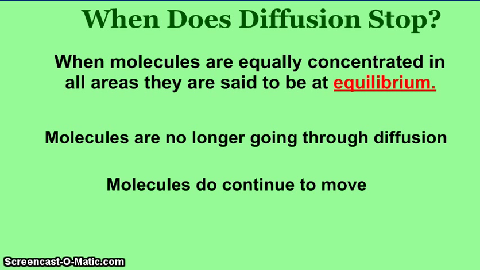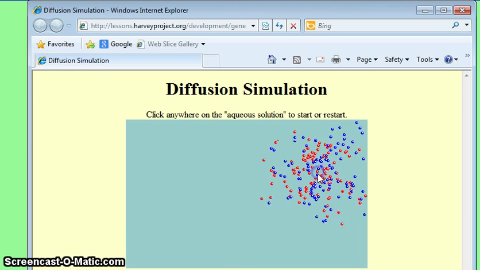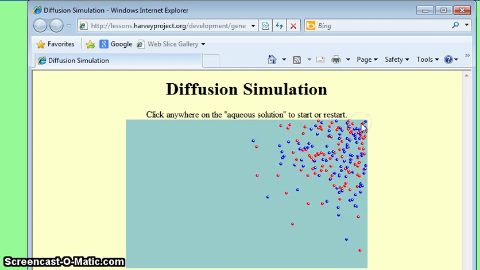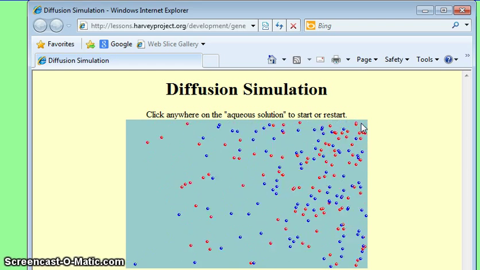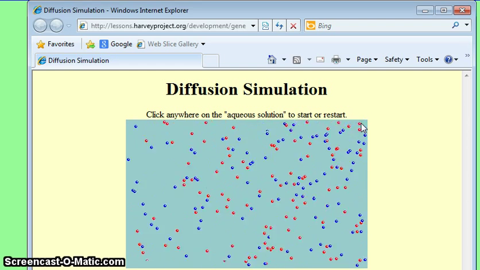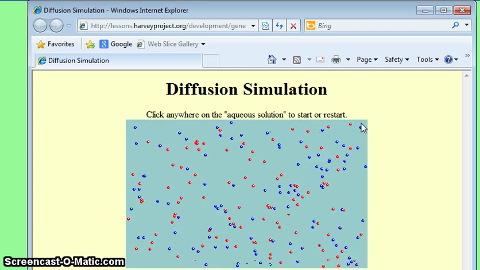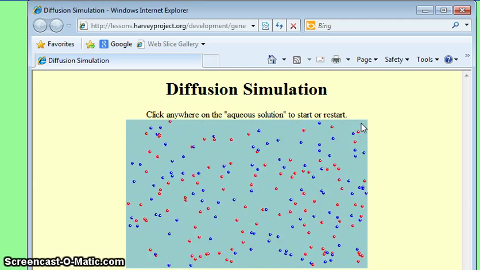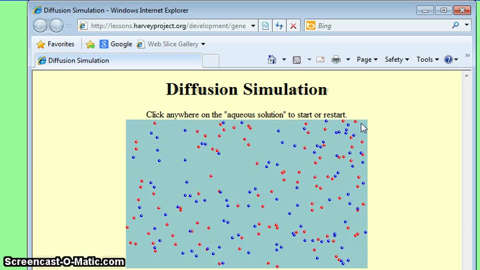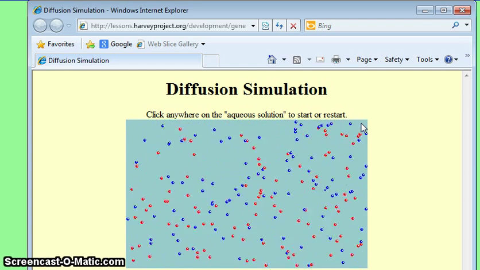So again, if we look at our diffusion simulation and we begin the molecules in a concentrated state, diffusion is still occurring. And at this point, if you look at the simulation, the blue and the red molecules are found equally everywhere on the screen, which means that diffusion has stopped.